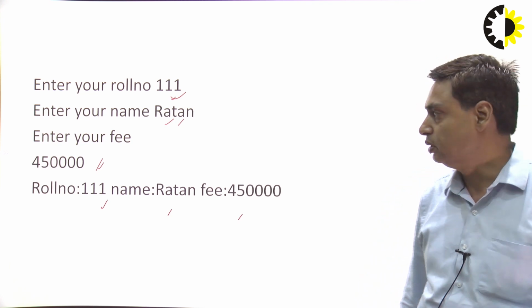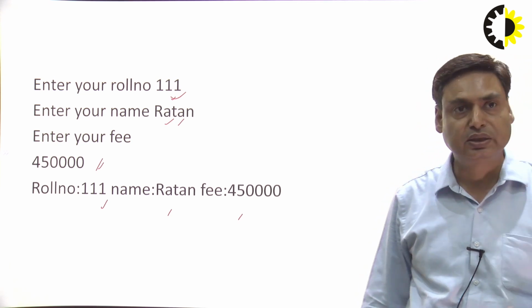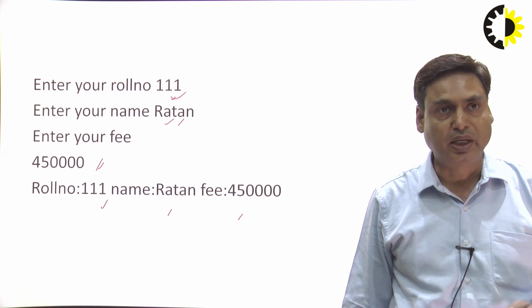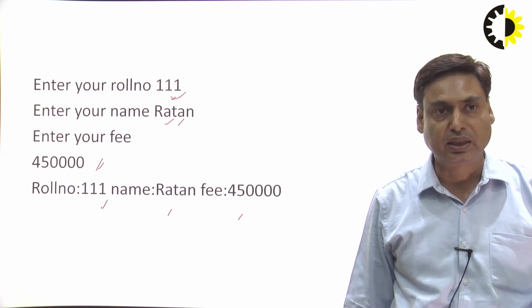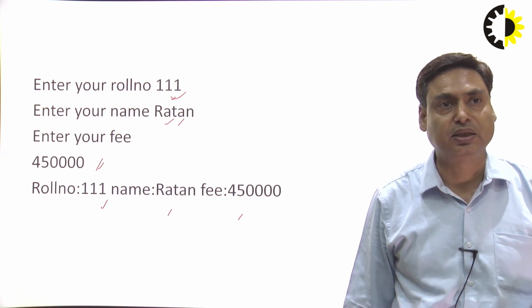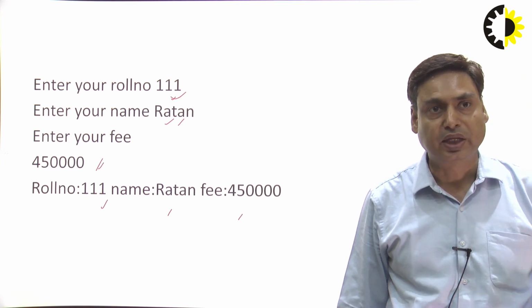So I have demonstrated how to use this input output mechanism in a Java program to get input from the user and give output to the screen. Thank you very much.